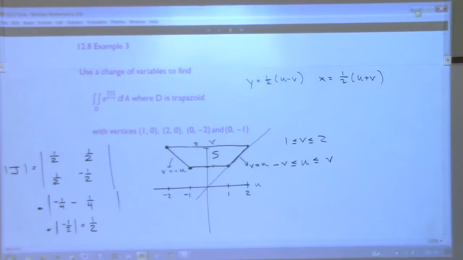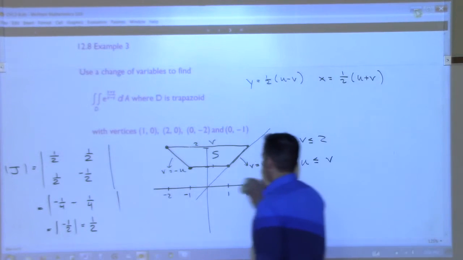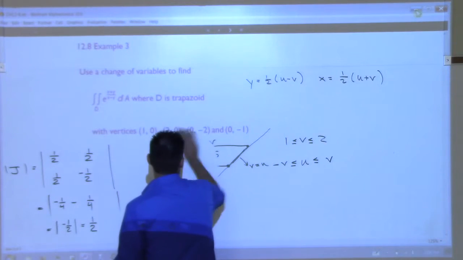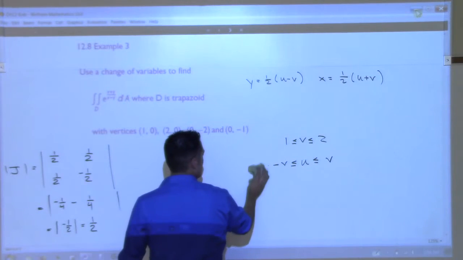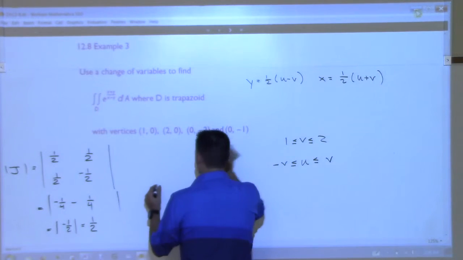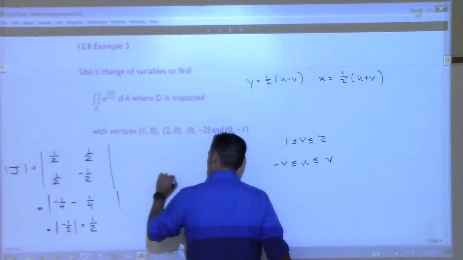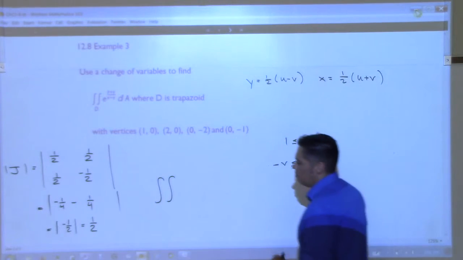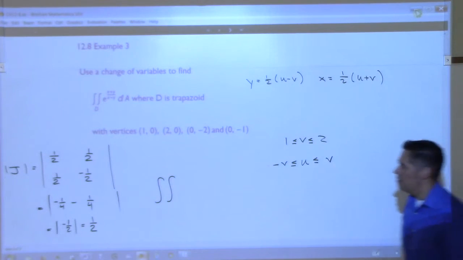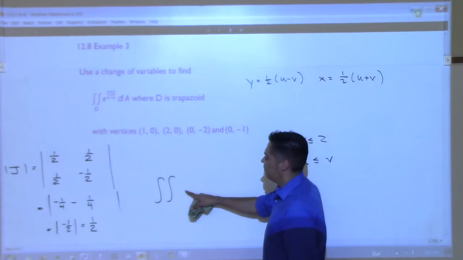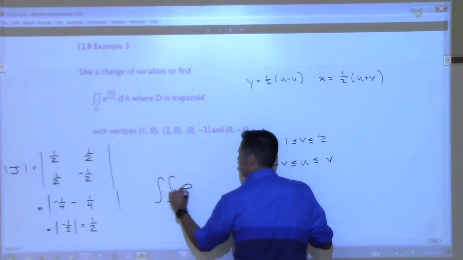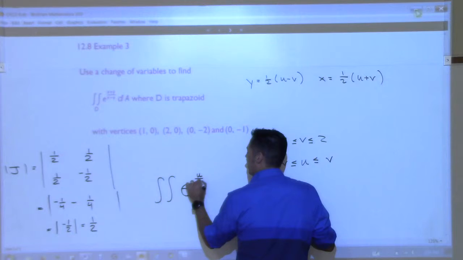All right, double integral, I think we can set it up. I think we're here. Let's try it. So we have now the double integral, right? Now, what limits? Well, we can do the inside. What does the inside become? E to the u over v, right?